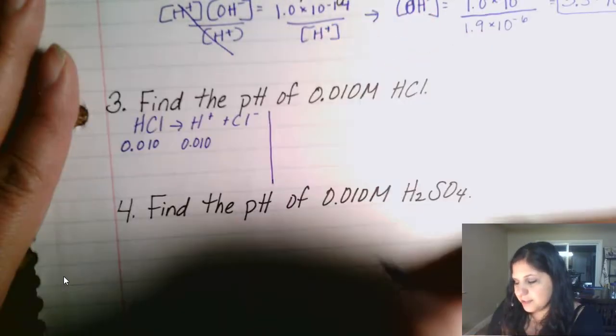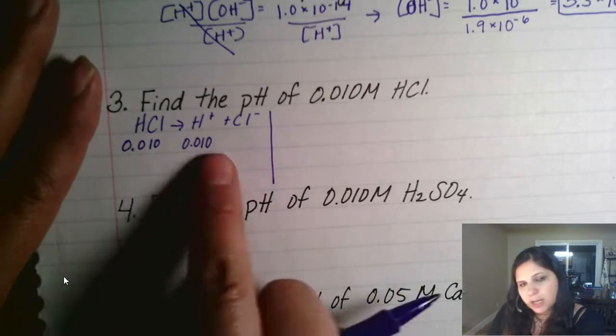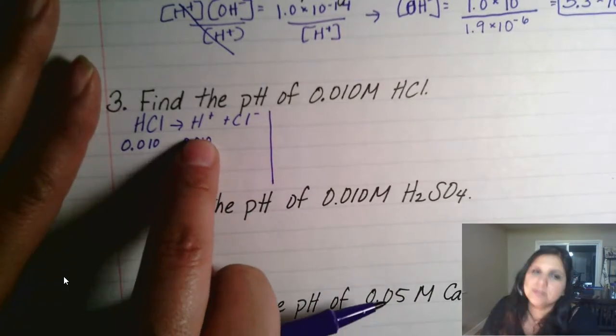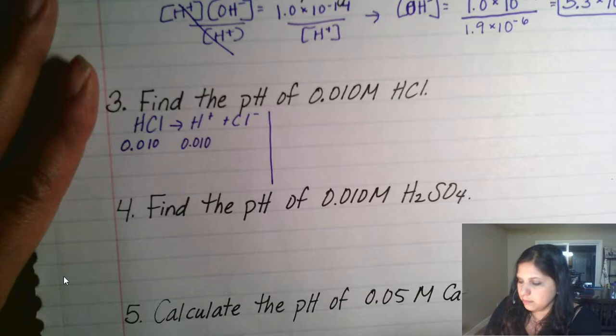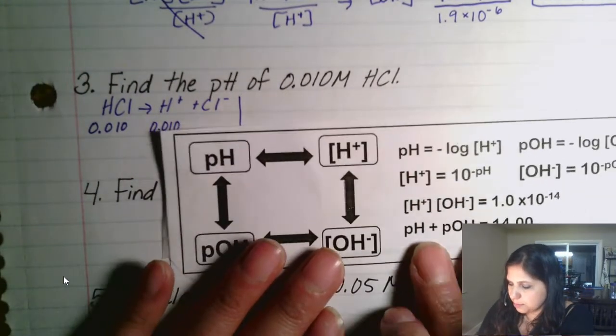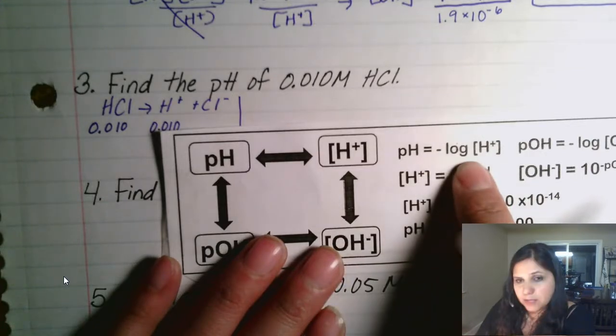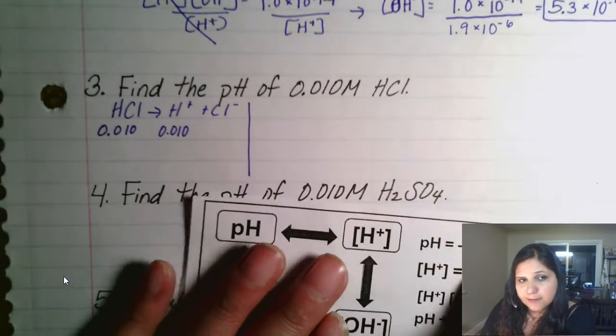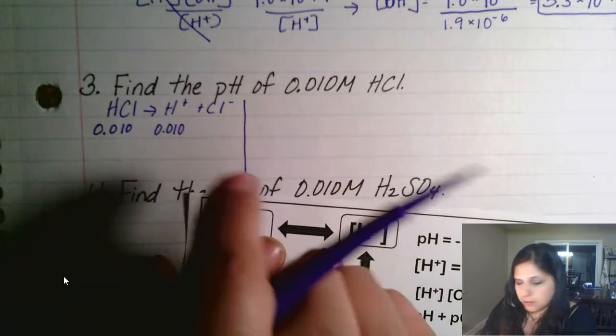All right, so then let's find the pH of something that has an H plus concentration of 0.010. We know how to do that. Why do we know how to do that? Because pH is negative log of H plus, and we now have H plus.